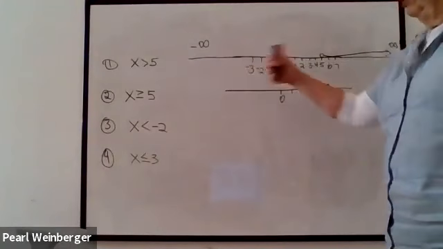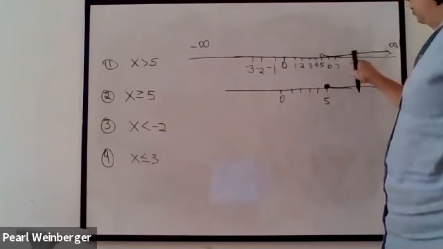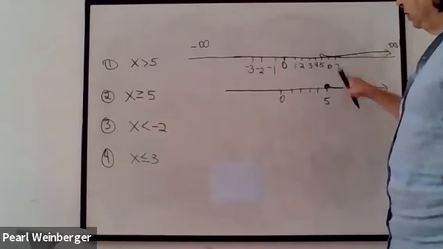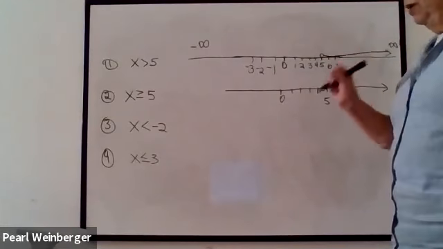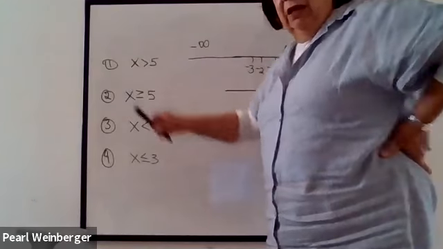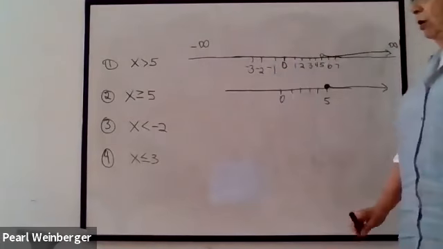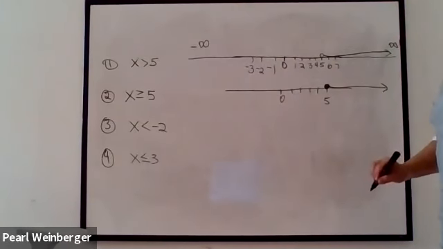Again, that arrow looks like it's pointing to the right, so we make an arrow from here going to the right. So the difference between this one and this one is simply, do we fill in the circle or do we leave the circle open? And that depends on whether you have this additional little line there. When you have that additional little line, you've got to have the filled in circle. You have to include the 5.